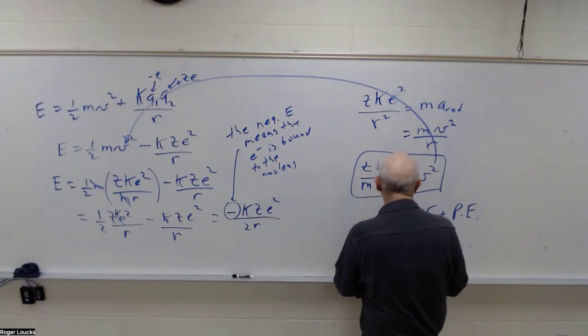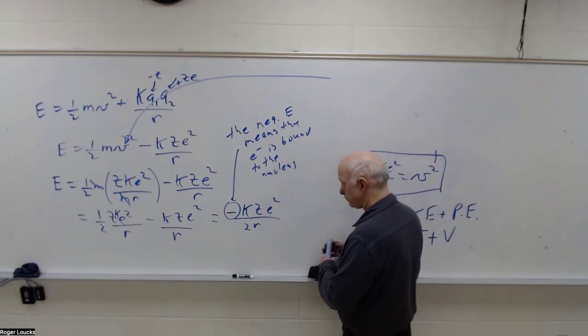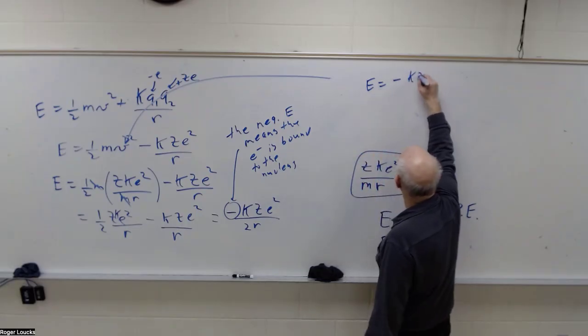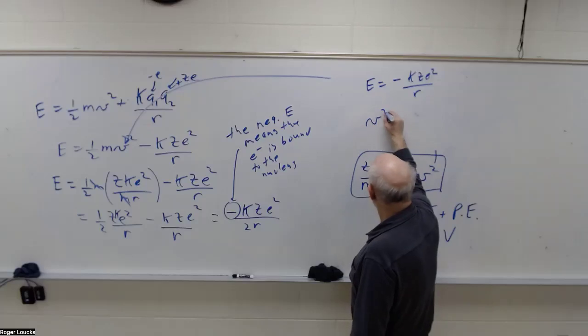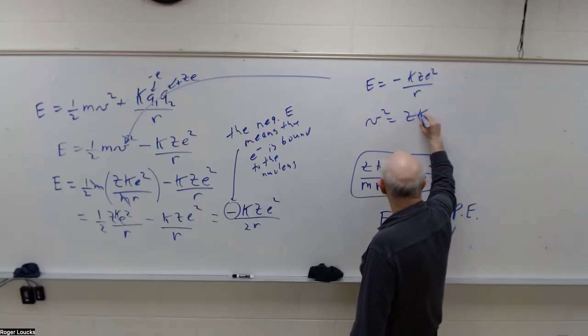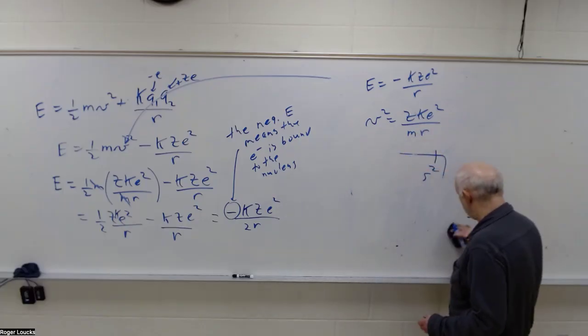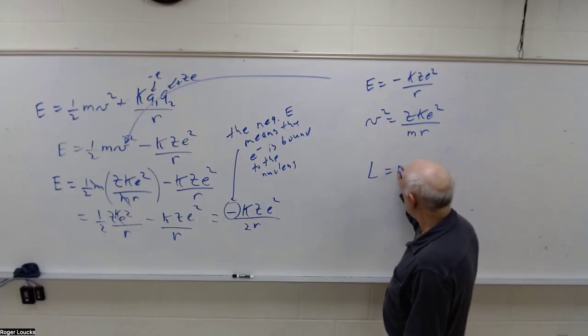So let's put down the three equations we have. We have our energy equals minus K Z e squared over 2R. We have V squared equals Z K e squared over m R. And we have Bohr's condition, L equals n h-bar.